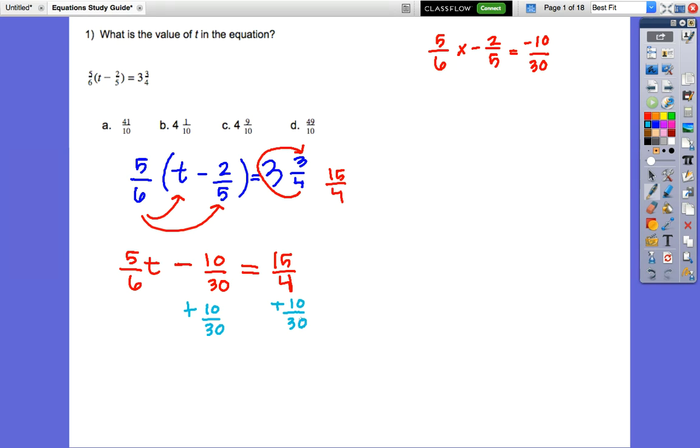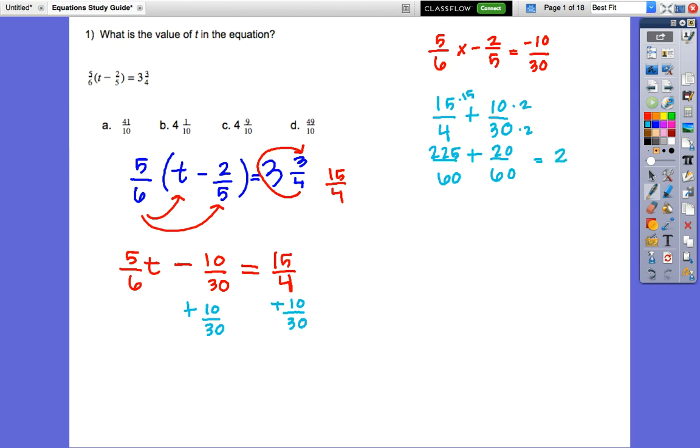So over here I'm going to say 15 over 4 plus 10 over 30. The common denominator that I'm going to use is 60. 4 times 15 is 60, so I'm going to multiply 15 by 15, and I get 225. 30 times 2 is 60. 10 times 2 is 20.